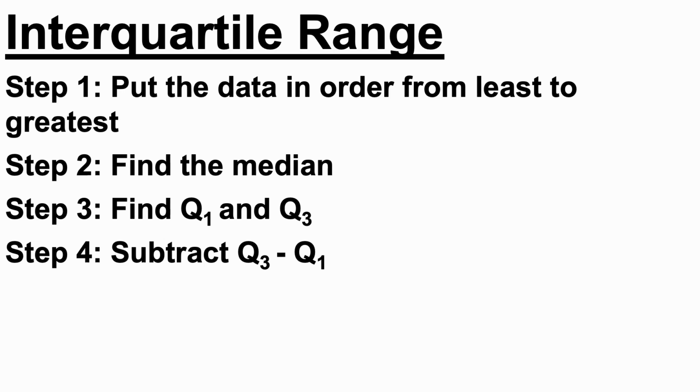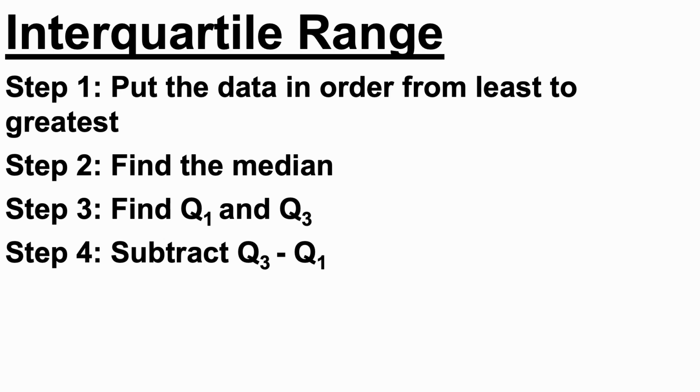The big fancy word that we're learning today is the interquartile range. When we're finding the interquartile range, we're trying to find the exact center, or the middle, of all of our data. To find it, you put the data in order from least to greatest, which we already should be able to do.